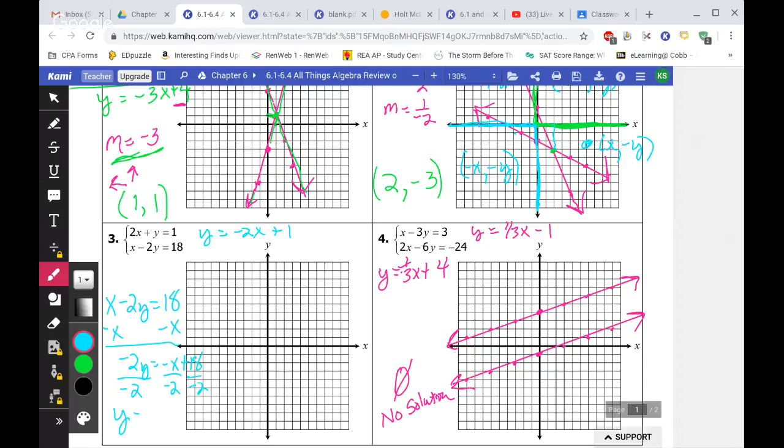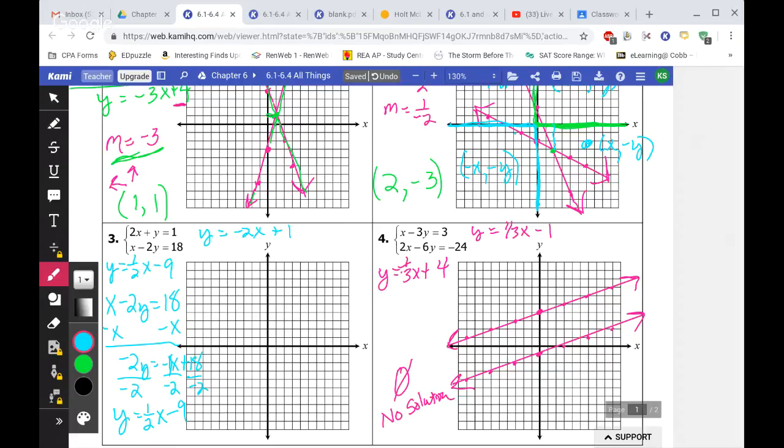And then we've got y equals, and there's an understood 1 right here, so I've got -1 divided by -2. A negative divided by a negative is always a positive, so that's going to be 1/2 x. And then 18 divided by -2 is -9. Right, Mary Faith? Did I do it all right? Yes, ma'am.